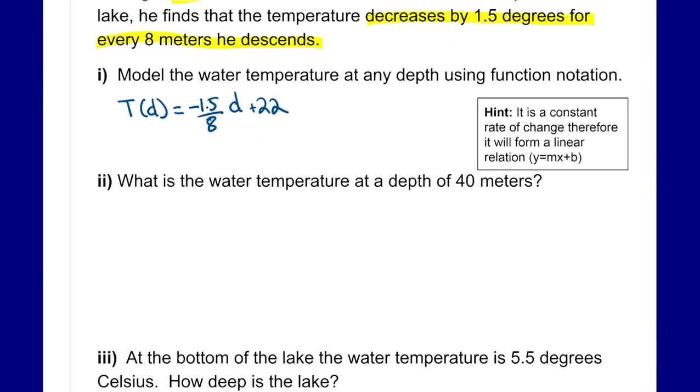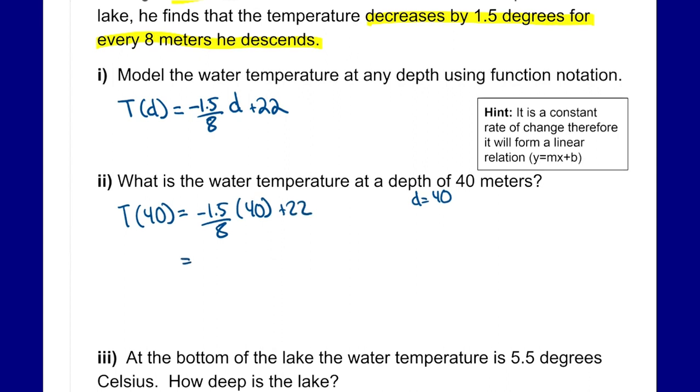The next part says, what is the water temperature at a depth of 40 meters? We're being told the depth is 40 meters, where D is equal to 40. So the temperature at 40 is equal to negative 1.5 divided by 8 times 40 plus 22.